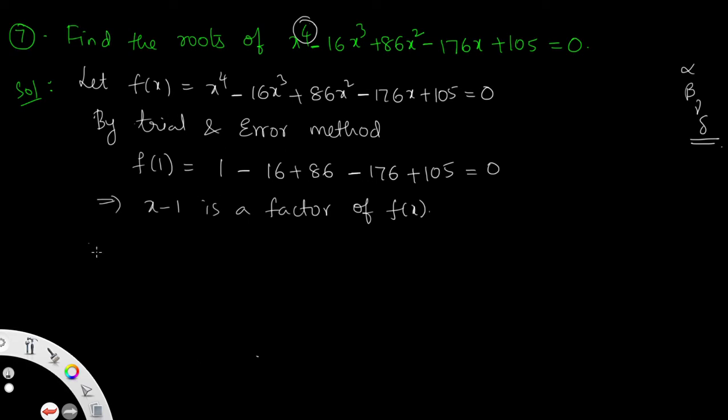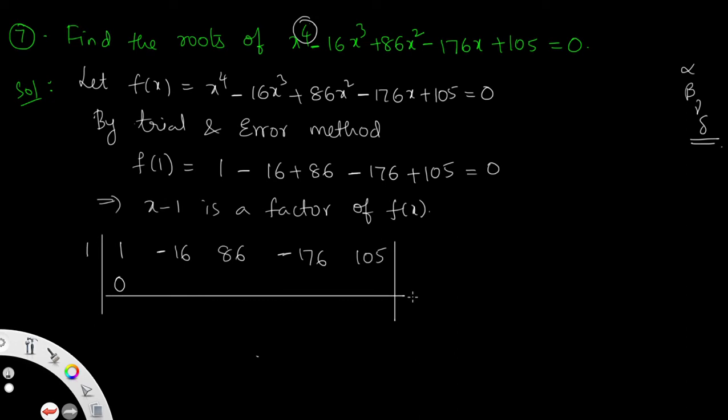So one of the roots we got is x equal to 1. Now solve by synthetic division, taking the coefficients of the given equation: 1, minus 16, 86, minus 176, and 105. Put x equal to 1 and write the coefficients, with 0 at the start of the bottom row.